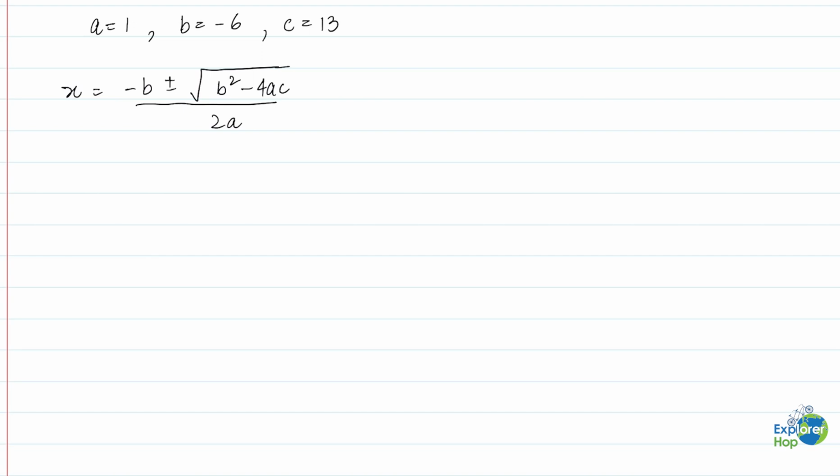Now we'll just substitute these values into this expression and we would get 6 plus minus square root of 36 minus 4 into 1 into 13 over 2 times 1.